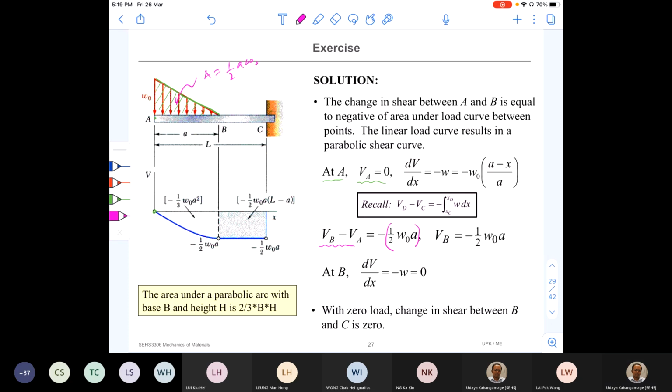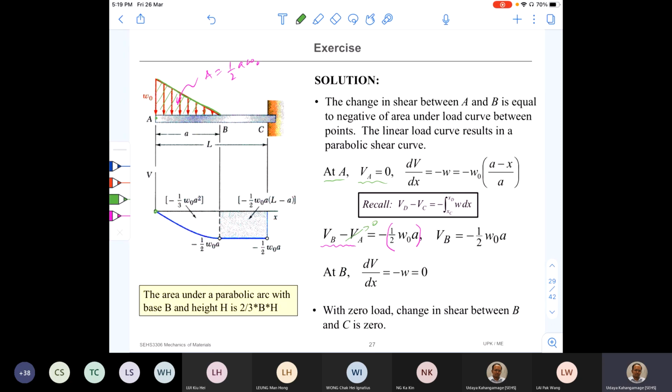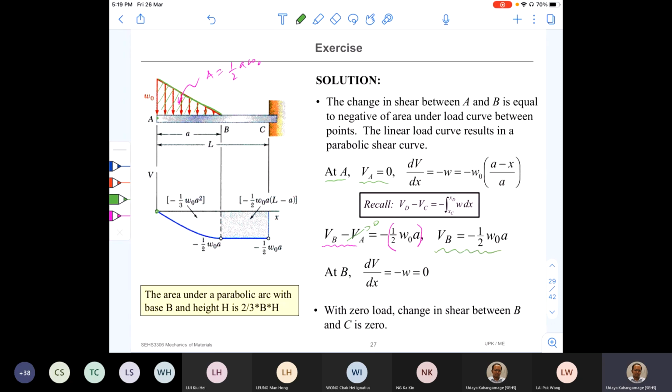Right. So now here we know that VA is equal to 0. Therefore, we can quickly find out VB. So once we find the VB, you mark the VB on the diagram. So we found the 2 points, A and B shear forces.